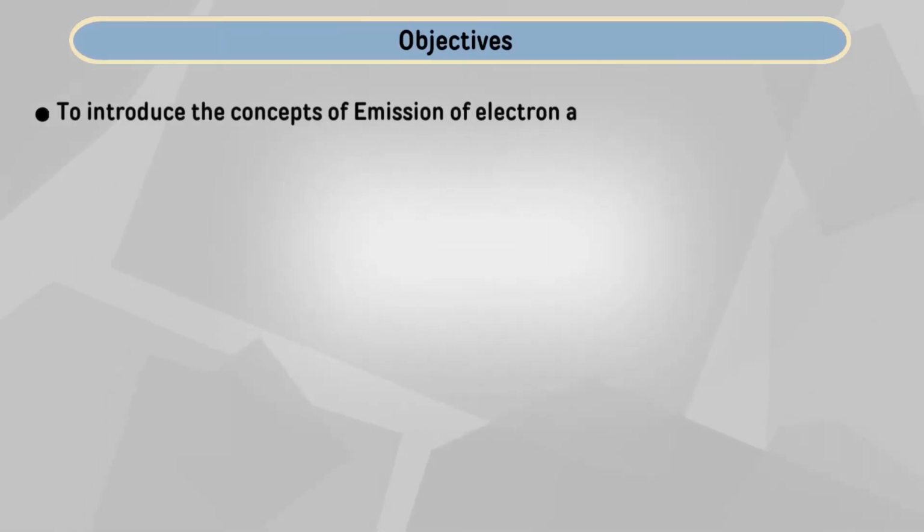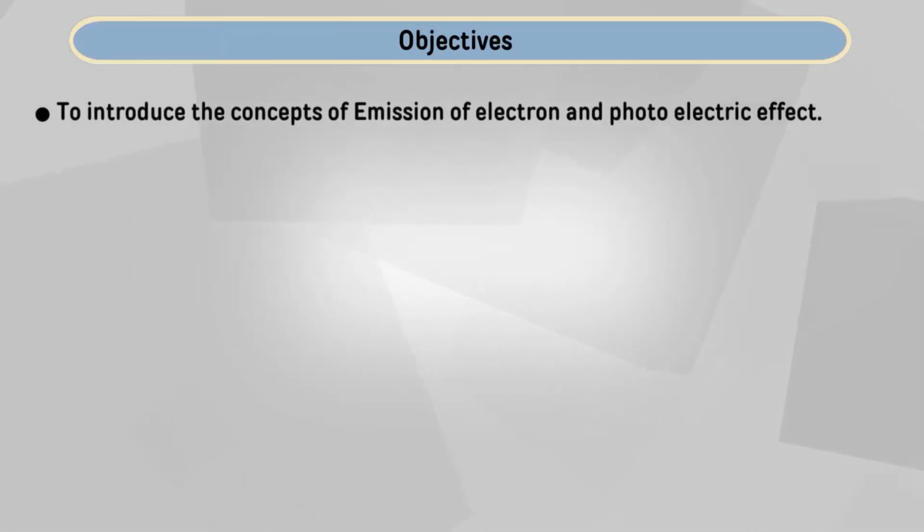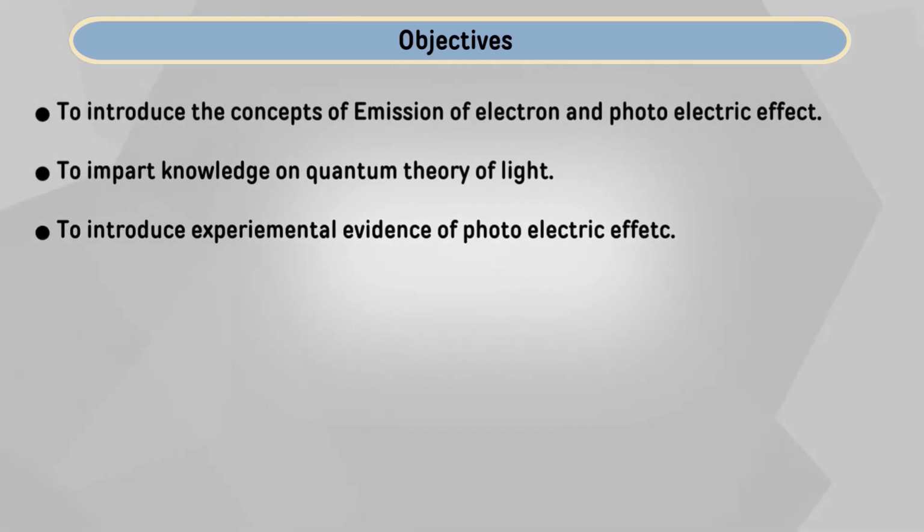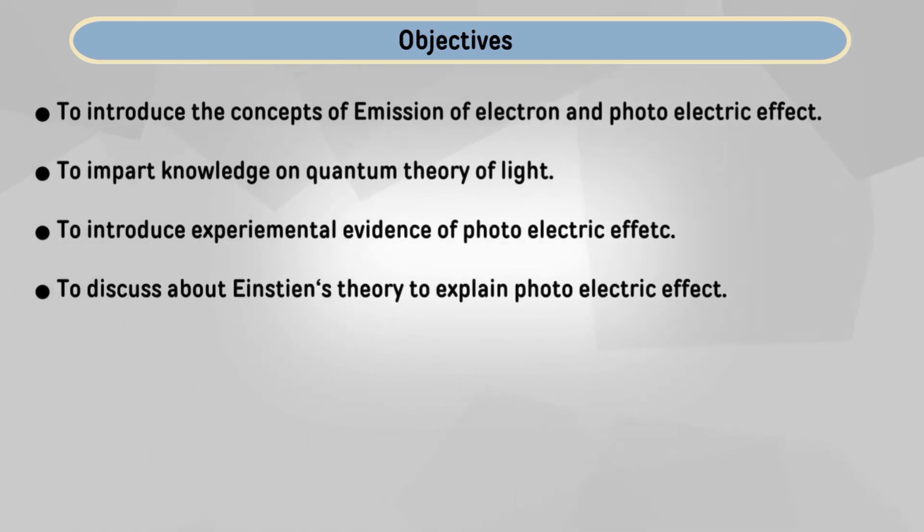The main objective of this lecture is to introduce the concept of emission of electrons and the photoelectric effect, and the important knowledge on the quantum theory of light, to introduce experimental evidence of the photoelectric effect, and also to discuss Einstein's theory to explain the photoelectric effect.